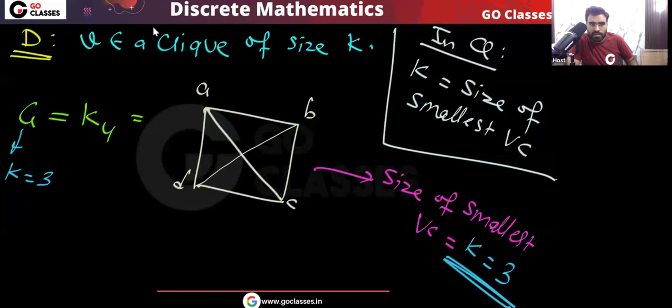Yes, this belongs to a clique of size 3. Clique means complete subgraph. This is your complete subgraph K3. So A belongs to a clique of size 3. C also belongs to a clique of size 3. D also belongs to a clique of size 3. B also belongs to a clique of size 3. Look at this.